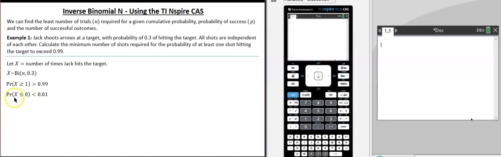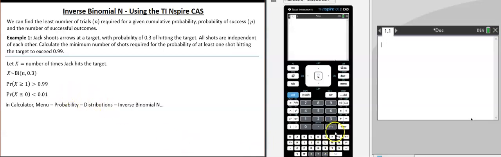Now in this particular situation, that's the same as x is equal to 0. But if this was any number greater than 1, then the less than or equal to would make more sense. And because I'm looking at things less than this, then I need to look at my probability being less than 0.01.